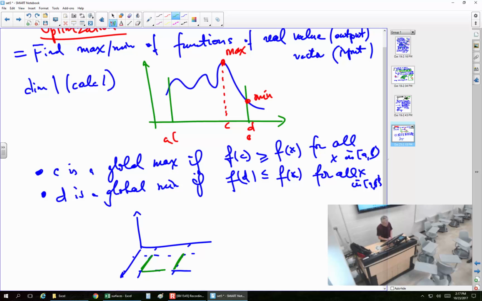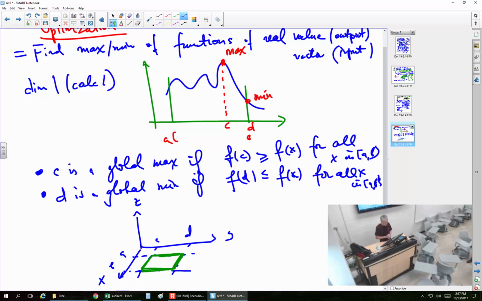But a typical situation is when the domain is a rectangle on the xy plane, say on the x-axis from A to B, and the y-axis from C to D. I think I'm running out of letters.